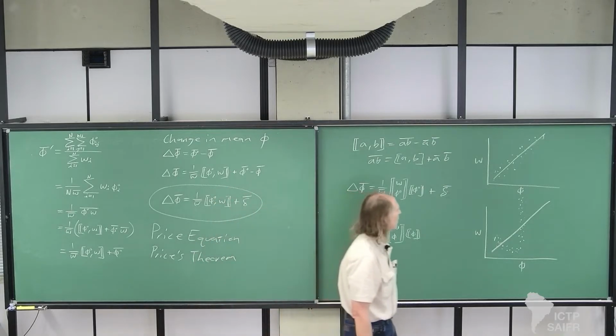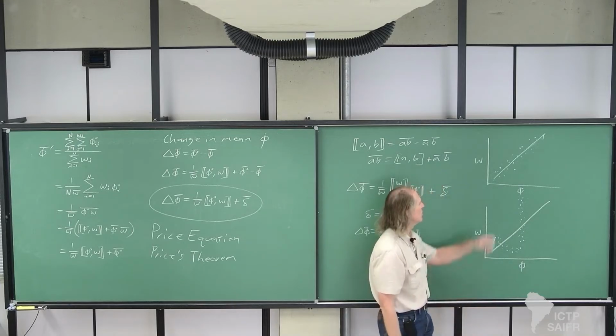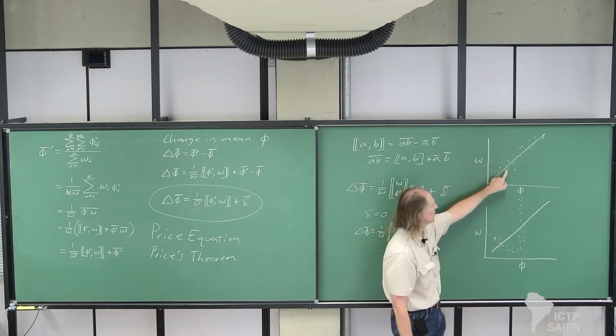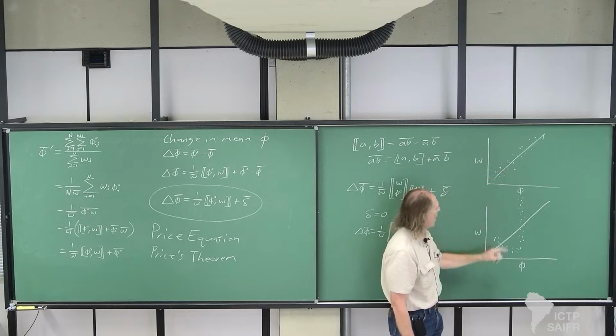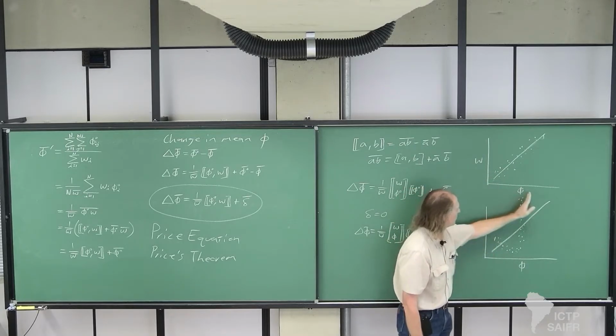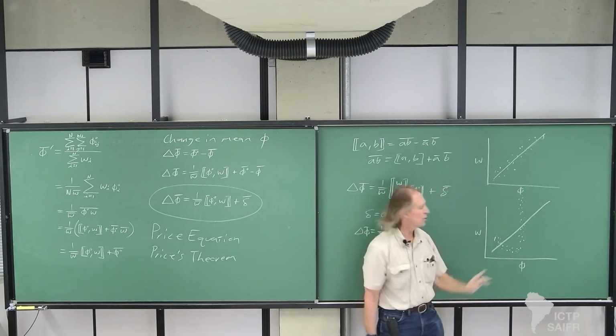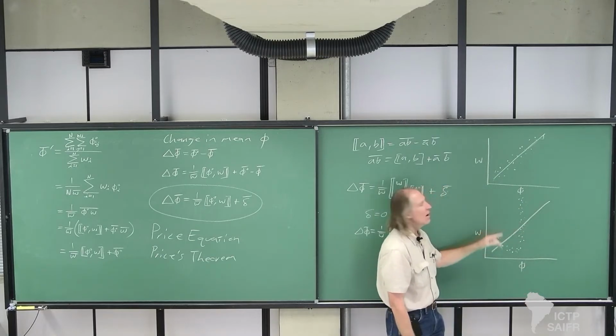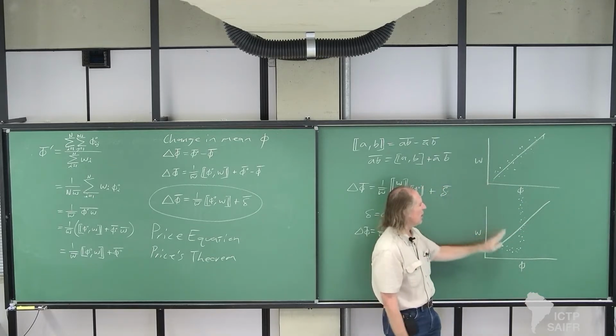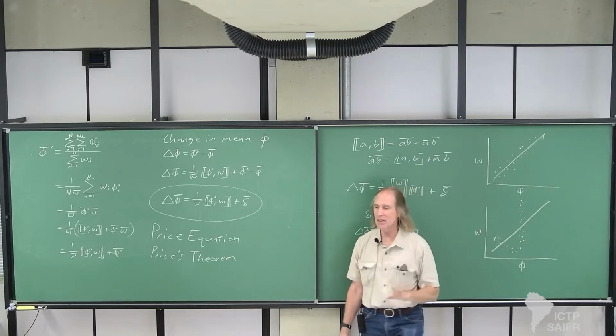In fact, if the joint relationship between phenotype and fitness looks like this, and if the variance in phenotype is the same in these cases, which I could add some points to make it, then in fact, in these two cases, the change in mean phenotype would be identical.